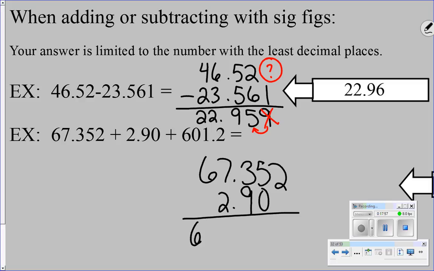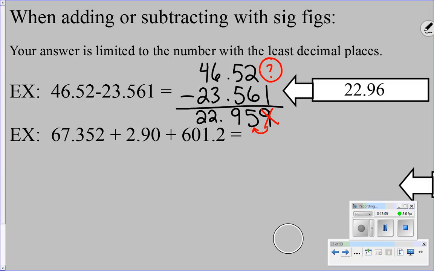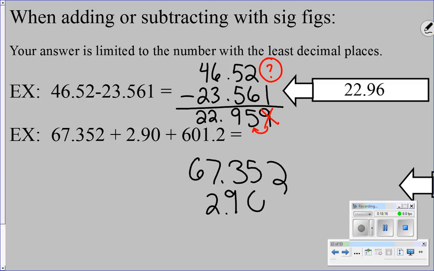So when we add these guys together, oops. Sorry, I dropped a number there. Wondering why that was looking a little bit weird. Sorry, 67.352, 2.90, oops, 601.2.